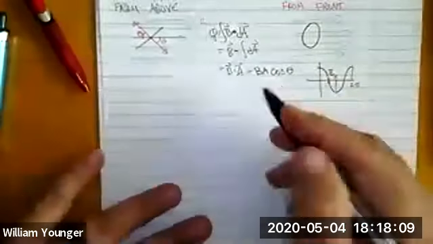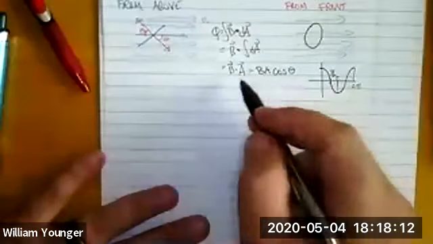So we now have a simple way of calculating the flux. You're just going to do this: B times A times cosine theta.